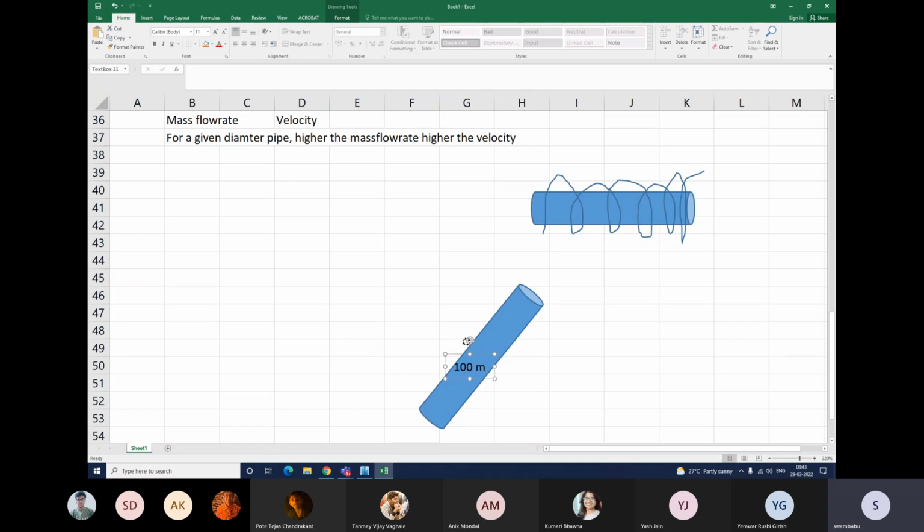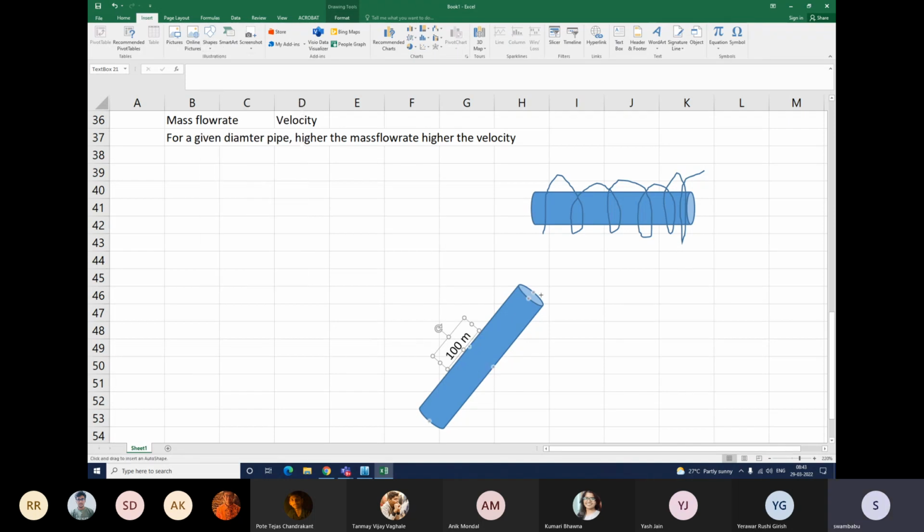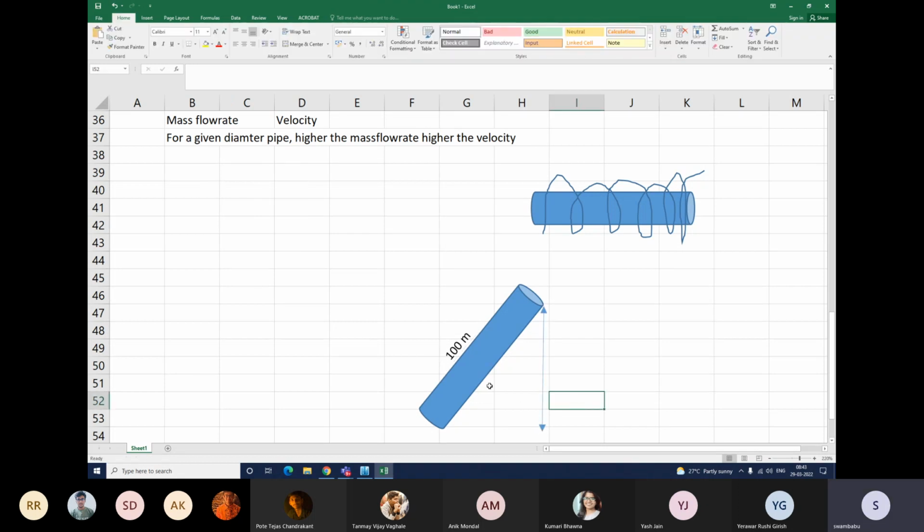Depending upon the angle of inclination, the elevation varies. So the elevation varies, and that depends upon the angle of inclination.